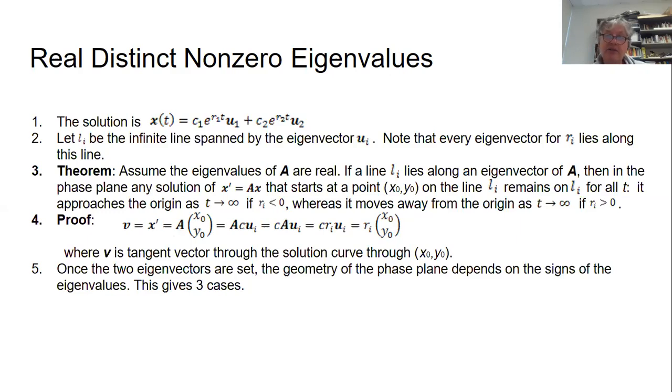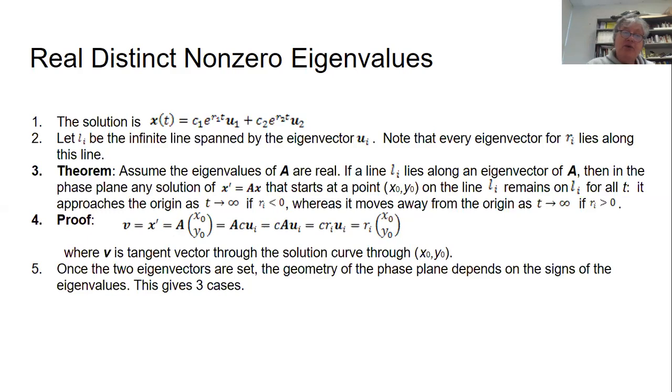Pull out that constant multiple, and we've got the matrix times the eigenvector, and by the definition of an eigenvector, that's just the eigenvalue times the vector. Well, we pull back that constant multiple, and we've got x naught, y naught, and so we've got that it's going to equal the eigenvalue times our original point.